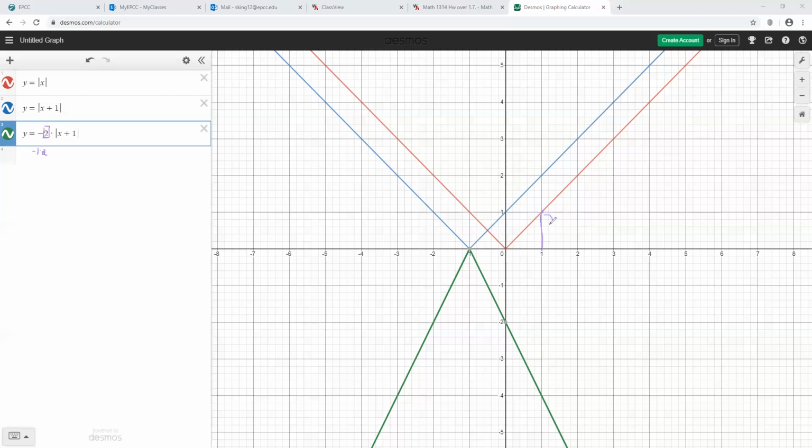It's going to stretch by a factor of what, Griselda? It would be 2 from the original. So now where would this point move if you stretch it twice the distance that it is currently away from the x-axis? It's 1 unit away from the x-axis. Now stretch it by a factor of 2.